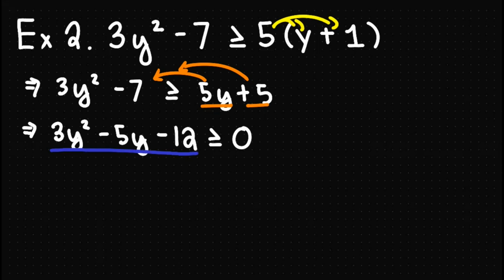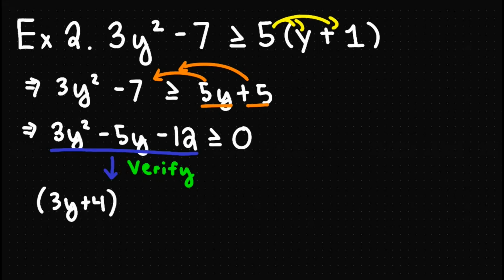Well, we can apply the slide and divide method, which I'll leave with you to verify. The right combination for this one is (3y plus 4) times (y minus 3).